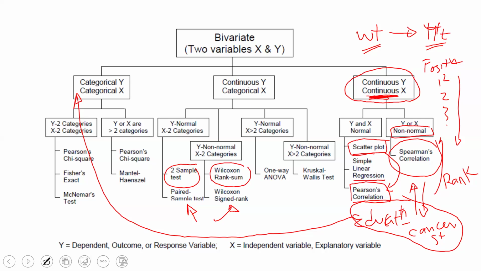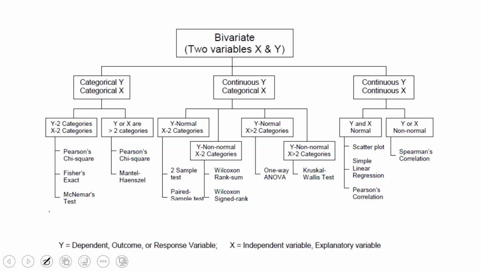Let me just quickly go over it once again. So we have a situation where both your independent and dependent are categorical. Then you have some choice analysis to work with. You have a situation where one of them is continuous, that's the dependent variable, and the independent variable is categorical. Then you have options to check: if your dependent variable is normally distributed, then you work with a parametric test.